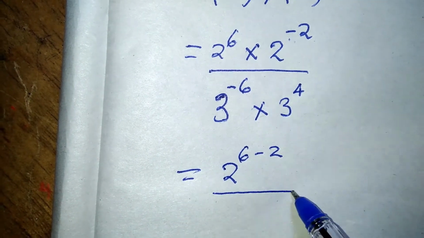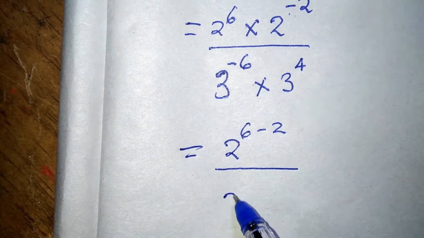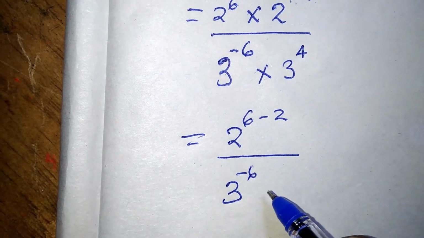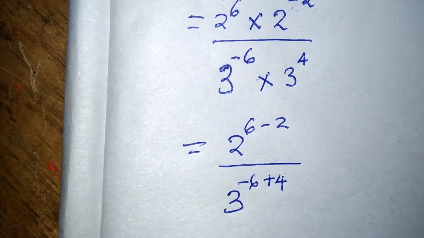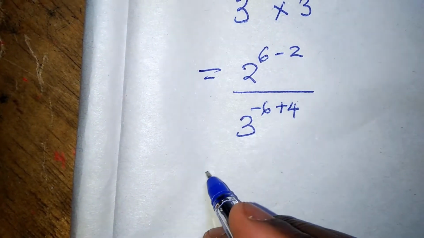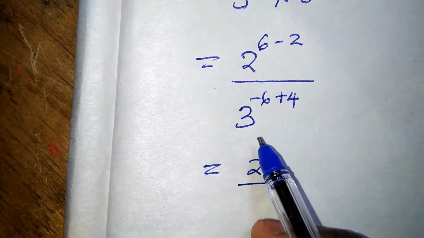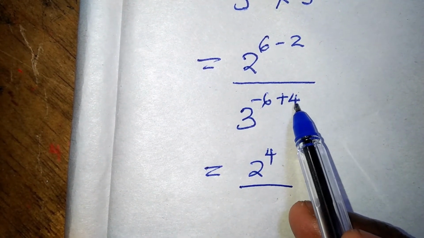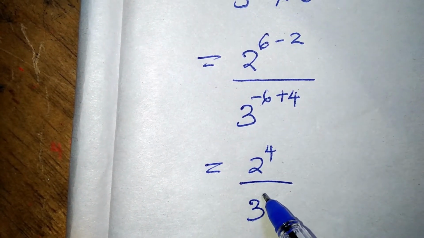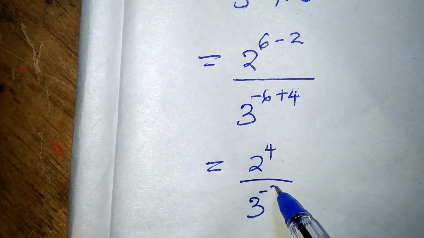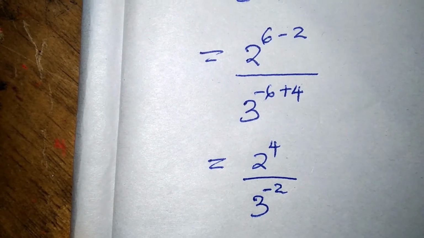And the denominator, on the other hand, we are going to have 3 raised to negative 6 plus 4, and this gives us 2 raised to 4 over 3 raised to negative 2. Negative 6 plus 4 is negative 2.